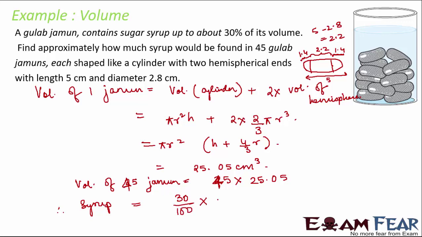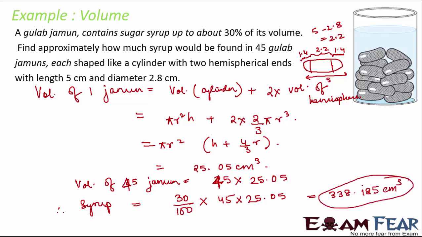That is 30% of this total volume. 30% of 45 into 25.05, and this comes out to be 338.185 centimeter cube. So I'm not doing the calculations, please do it on your own.